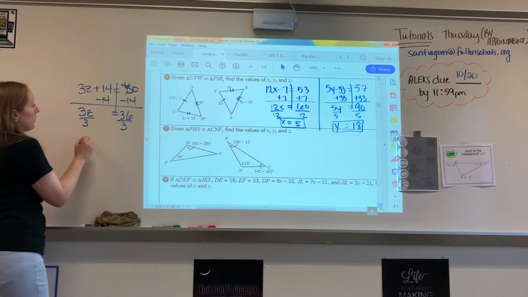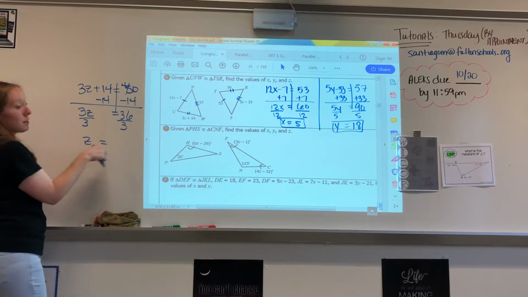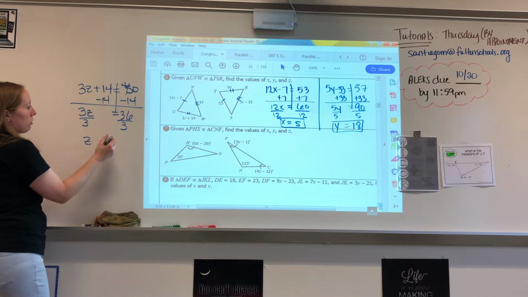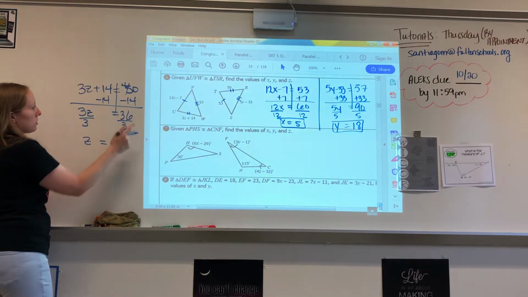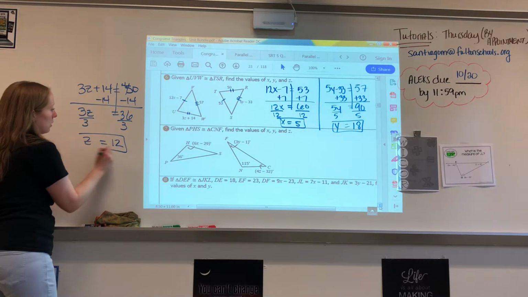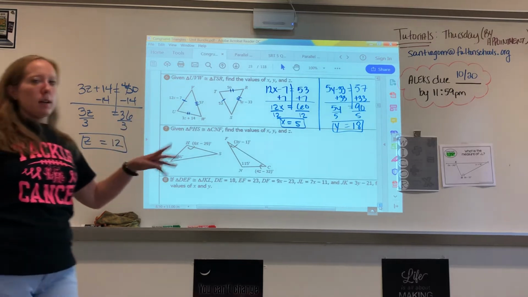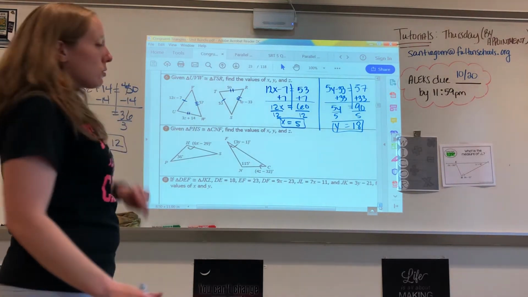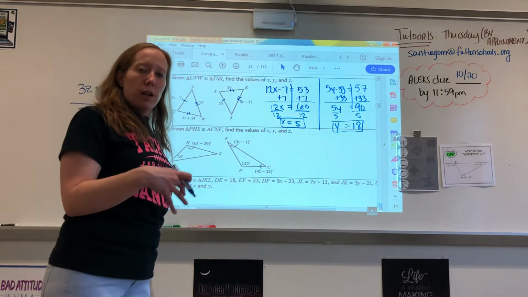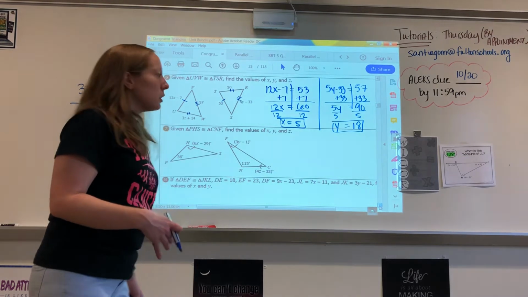Divide by 3. Z equals, this is kind of a nice trick. I see 3 goes into 3 once. 3 goes into 6 twice. So I found x is 5, y is 18. Z is 12 by my background knowledge that I've now learned about congruency.